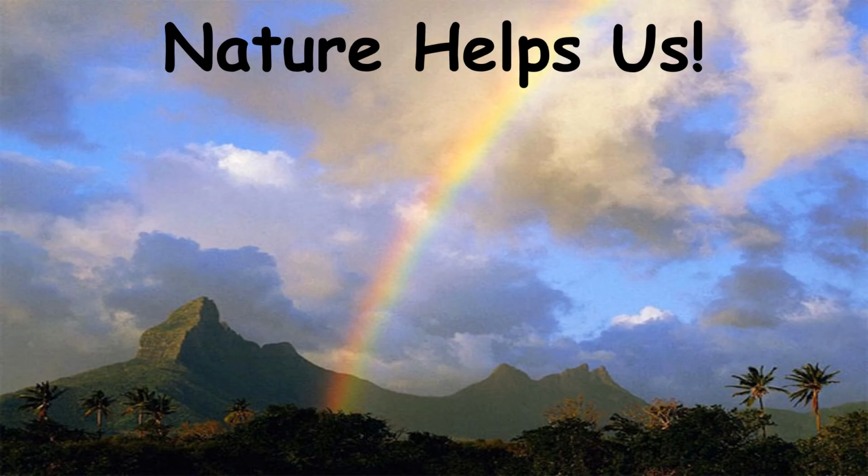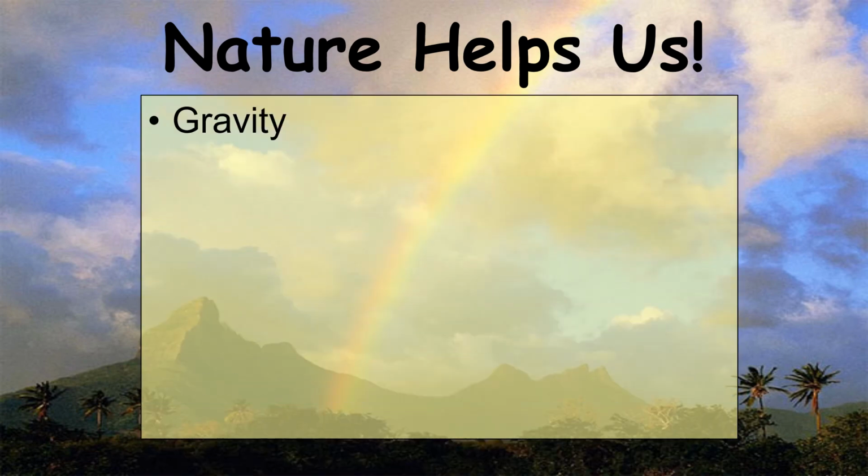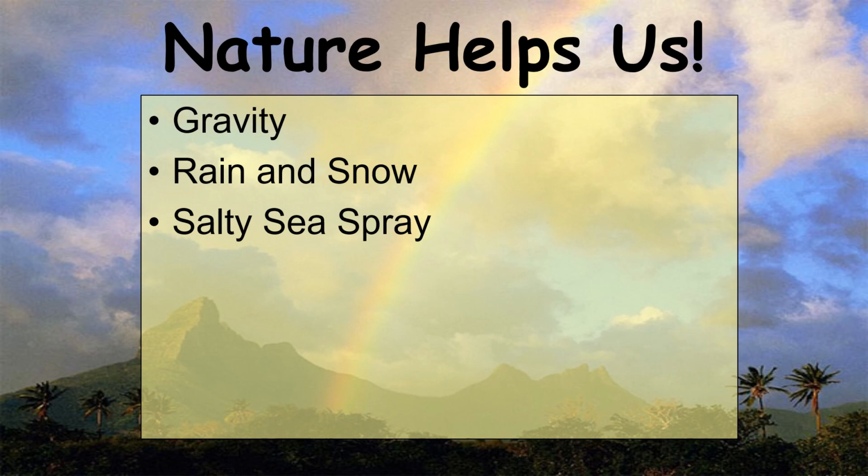And please remember that yes, nature does help us when it comes to air pollution. Every time we put something in the air, if it's heavy enough, gravity will assist in pulling it out of the air. You can also have rain or snow that pulls pollutants out of the atmosphere. We live here by the coast, so definitely that ocean spray can pull air pollutants out.